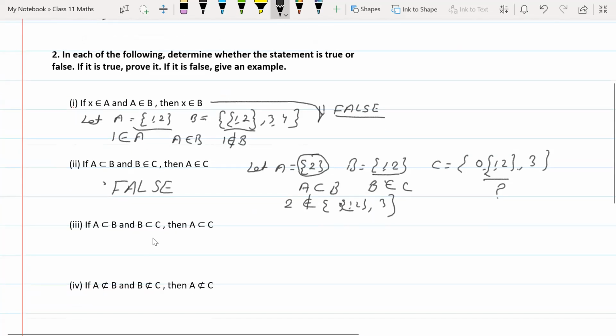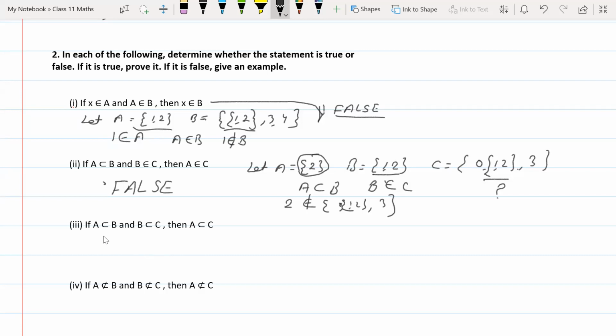Now, A is a subset of B, B is a subset of C, then A is a subset of C. Let's consider it with the help of an example.